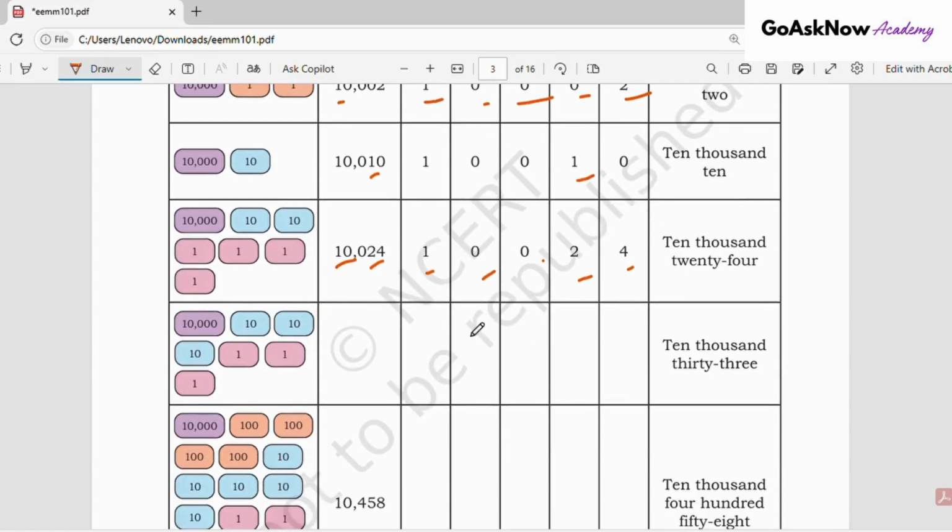After that, here we have 10,033, which in the 10,000 place has value 1, then thousands and hundreds are 0, 0, then here the tens value is 30, so 3. After that, in the ones place, the value is 3.